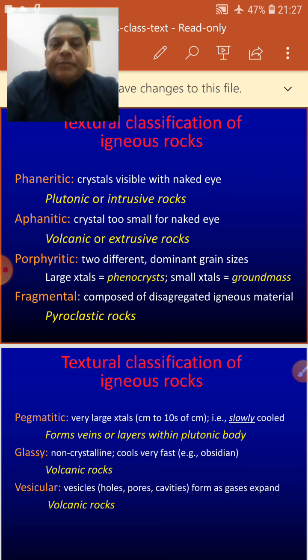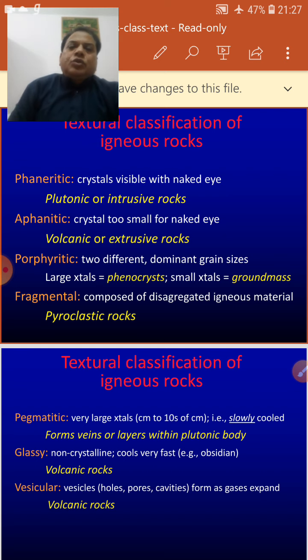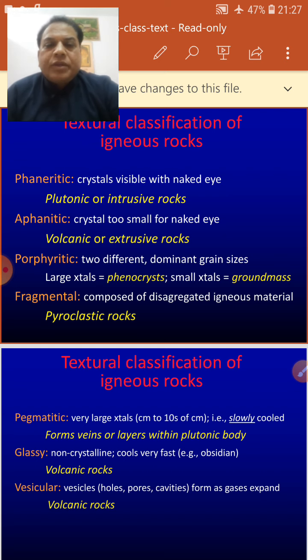Your breccia is igneous also, metamorphic also. So the fragmental texture means they are composed of the disaggregated igneous material, that is the pyroclastic rocks, tuff, right?